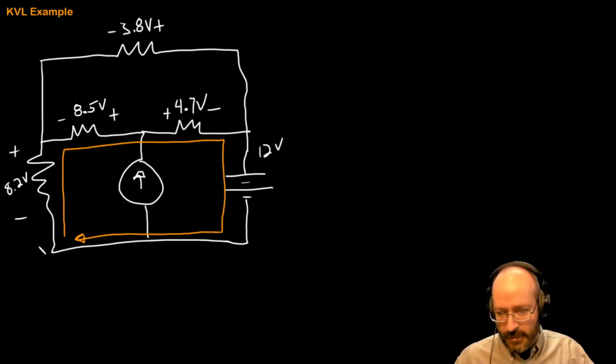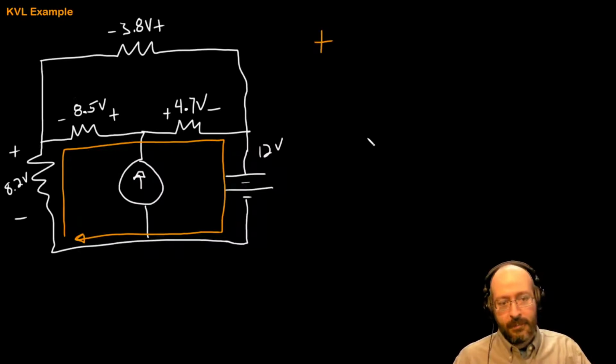Okay, so I'm going to start here, and the first component I'm going to cross is this 8.2 volt resistor. It doesn't have a name other than the voltage that's there, and I'm going from the negative side to the positive side, so the term is going to be positive.